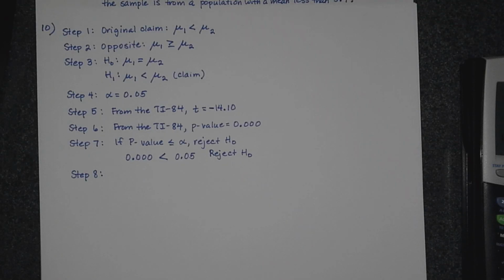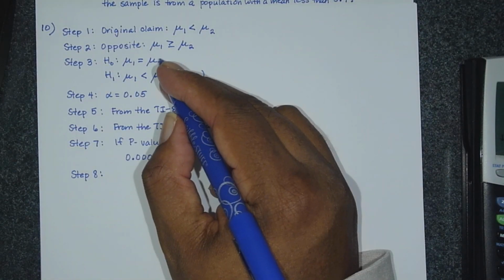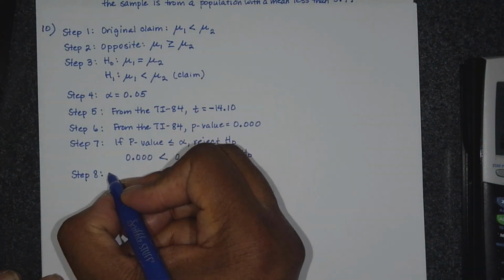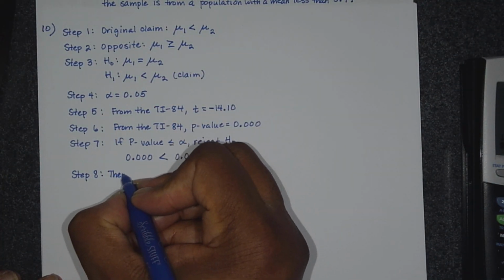If the claim is a null hypothesis and we reject this null hypothesis, that means we have sufficient evidence to support the claim.